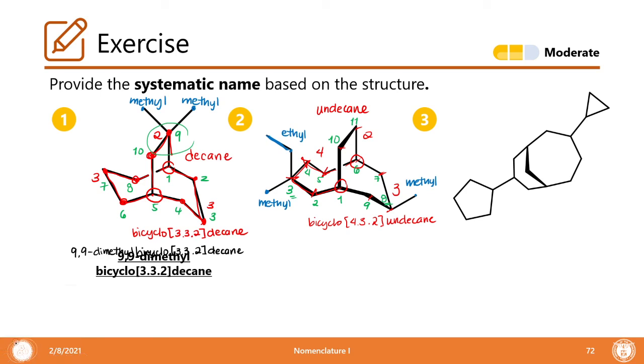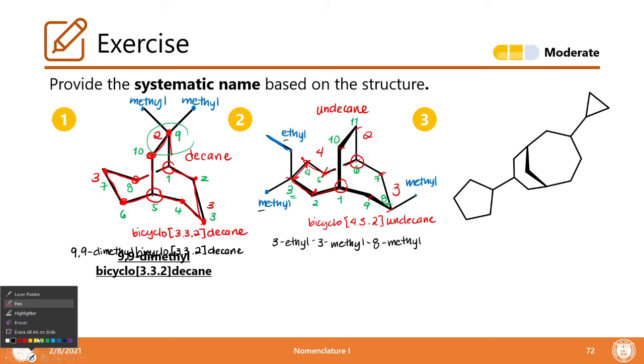Okay, now we write the name. At position 3, we have an ethyl group. It comes before methyl because of alphabetization. At that same position, position 3, we have a methyl group, followed by, at position 8, another methyl group. Oh wait, we forgot something.